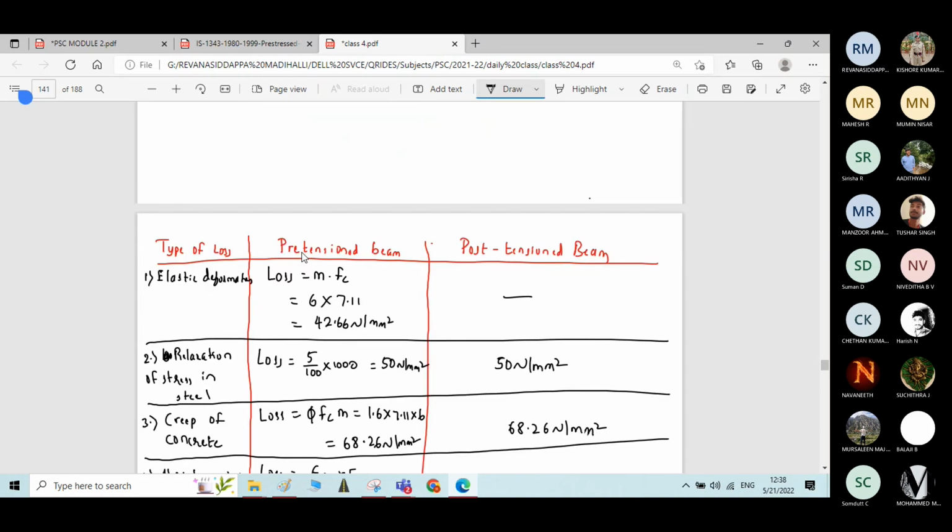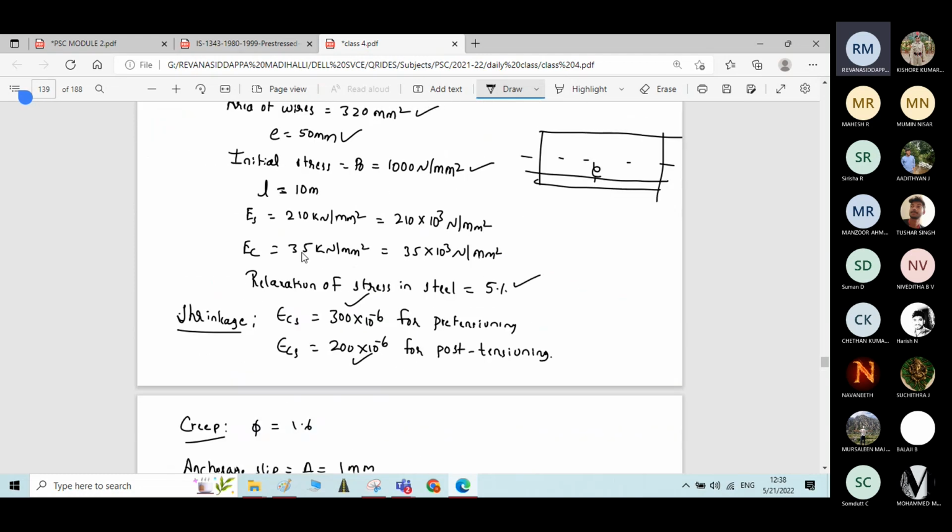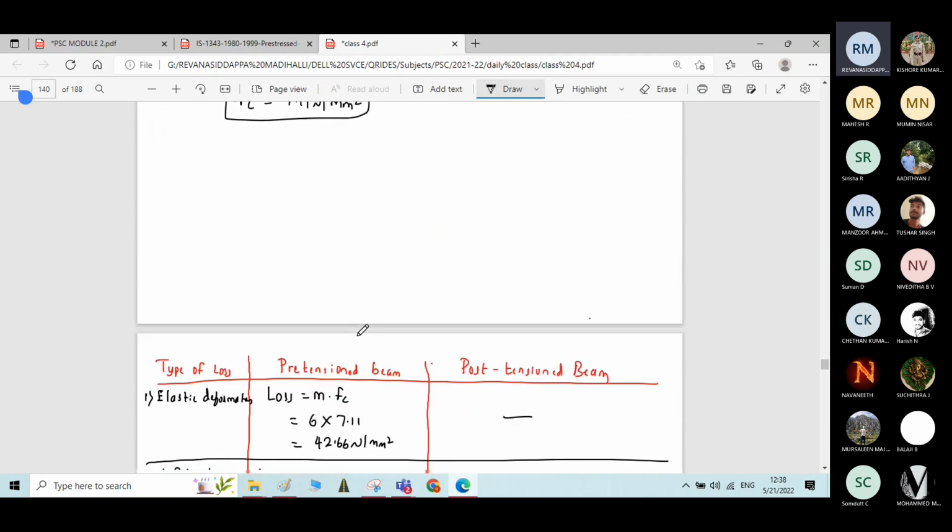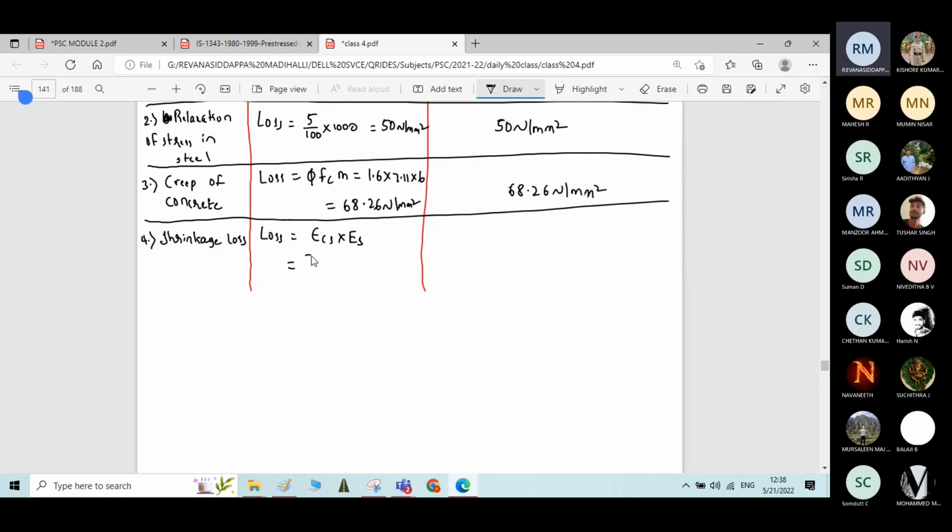For pre-tensioning, substituting 300 into 10 power minus 6 into 2 into 10 power 5, we get the loss due to shrinkage as 63. For the post-tension member, epsilon CS is different, given as 200 into 10 power minus 6.